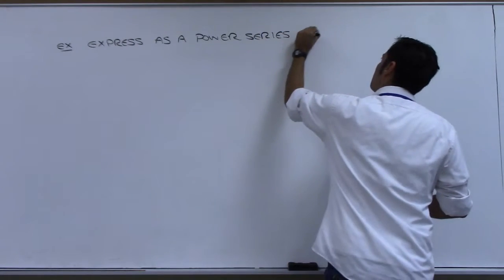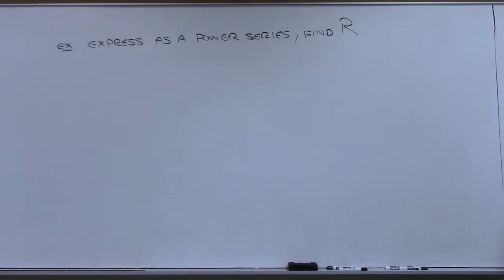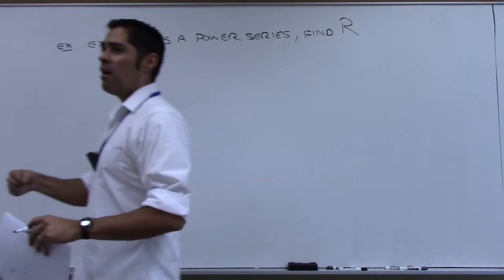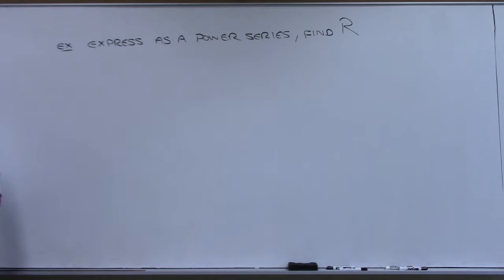And I want us to also find capital R, which is the radius of convergence, right? Not the interval of convergence. The interval of convergence is a little more involved, isn't it? Because what does the interval of convergence require that the radius of convergence does not require? That you check the endpoints, right? That's the difference between interval of convergence and radius of convergence. So this will be a little easier for us to do.